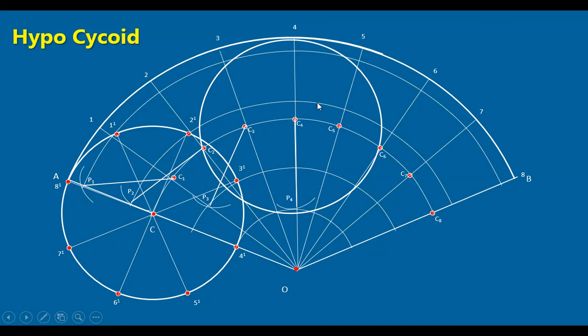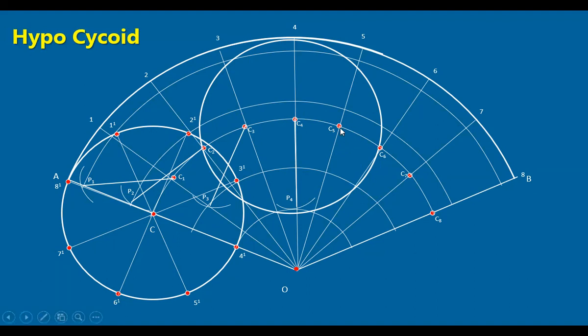So 5. Once it comes away from the base circle, it starts moving towards it again. So this point P now starts moving this side and it is nearer to the base curve.